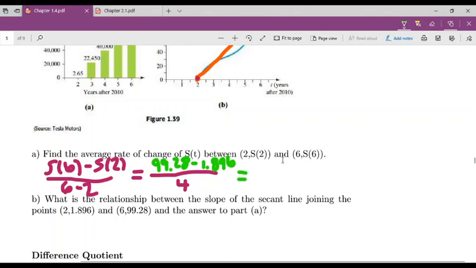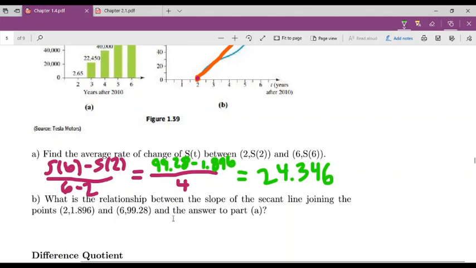Alright, now all you have to do is simplify. You can simplify in 1 step or 2, it doesn't matter to me here. You can do the 99.28 minus 1.896. You should get something like 97.384, and then divide that by 4 and you get 24.346, which will be your answer here. That is your average rate of change between those 2 points.